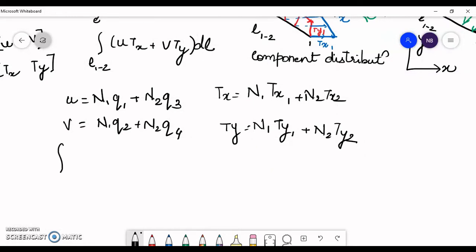Now the integral of N1 squared dl is given by 1/3 of L12.